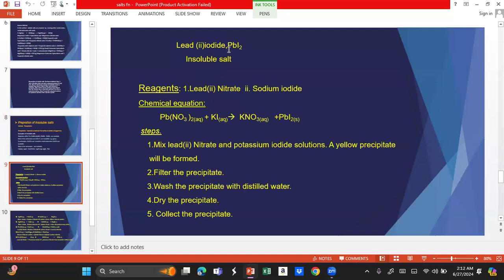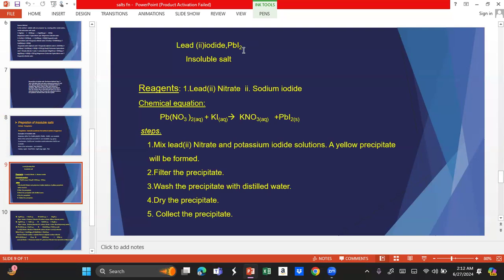To prepare PbI2, first we need to know, at this point, thinking is very important. Be technical. PbI2 contains two elements, Pb meaning lead, and iodide. Now, Pb will come from one salt and I will come from another salt.